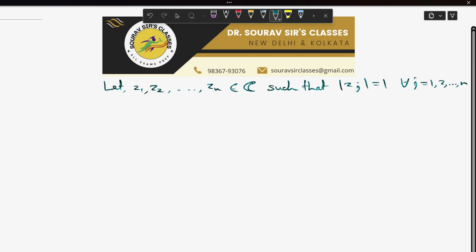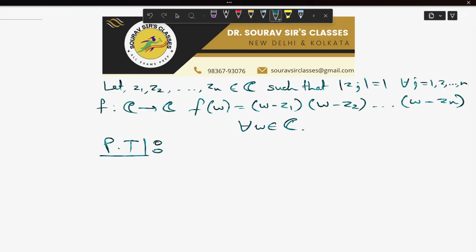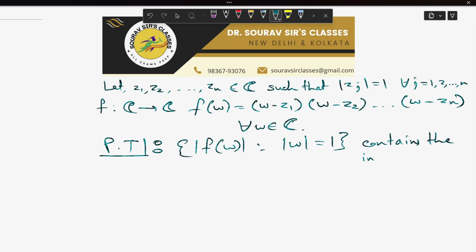Now, let us consider the function f from C to C defined as f of omega equals (omega minus z1)(omega minus z2) up to (omega minus zn), for all omega belonging to C. Now, we have to prove that the set of this, where modulus of omega equals 1, contains the closed interval 0 1.